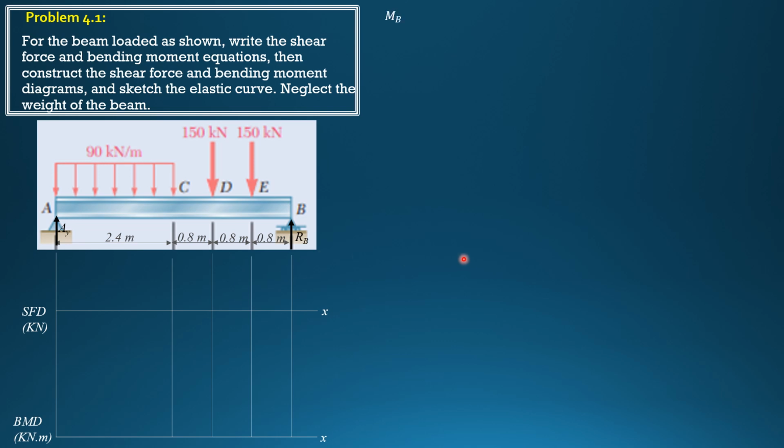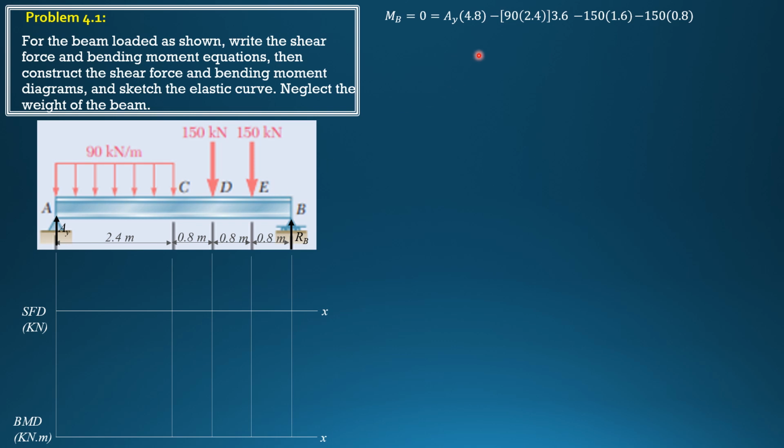So summation moment B equals 0, clockwise positive, so AY times 4.8 minus 90 times 2.4, and the moment arm is 1.2 plus 2.4, so 3.6, so minus 90 times 2.4 times 3.6, minus 150 times 1.6, then minus 150 times 0.8.